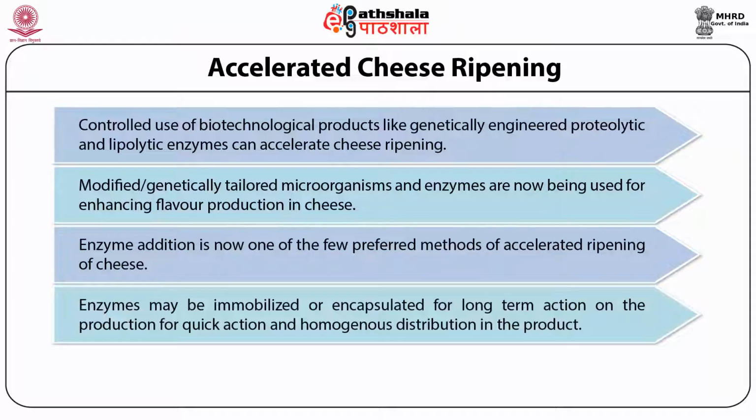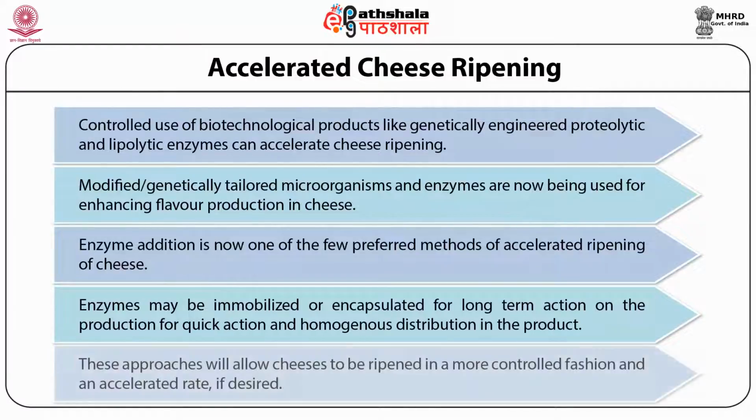Enzymes can be incorporated in the cheese in different forms like immobilized or encapsulated, where we can produce the product in a quick time with uniformity. Nowadays, these approaches are being adopted so that cheese can be produced in a controlled manner at a faster rate.